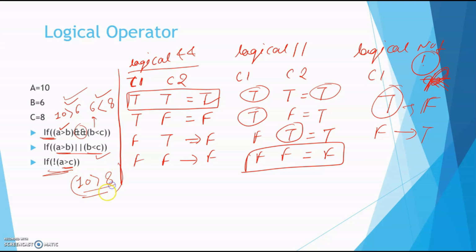This condition is true, but because there is a not symbol, the instruction written inside will execute only when this condition goes false. You know very well 10 is greater than 8, so this will not execute the instruction written inside this statement.